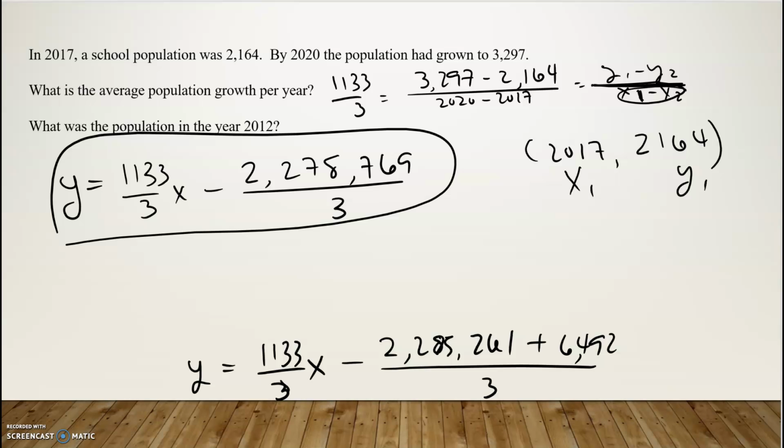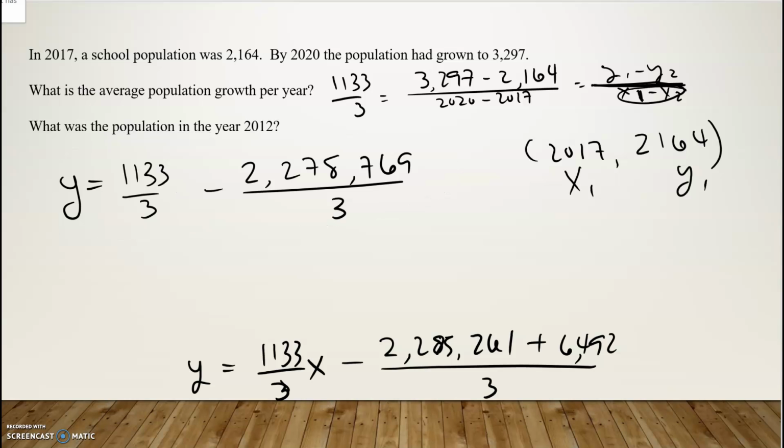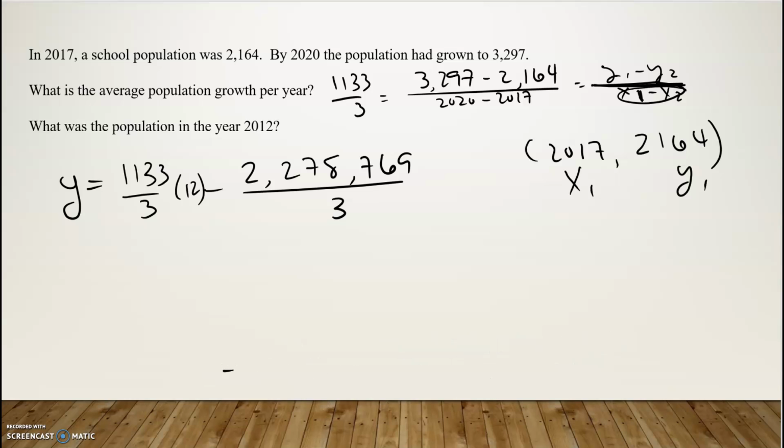So now we can go and plug in 12 for our x value and figure out what the population is in 2012. Okay, so it looks like that's 1,133 times 4. 12 divided by 3 is 4. Minus, let's go ahead and get a number for that.